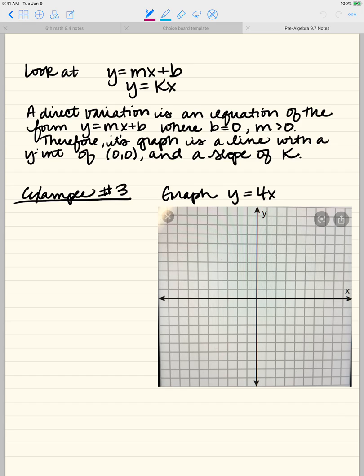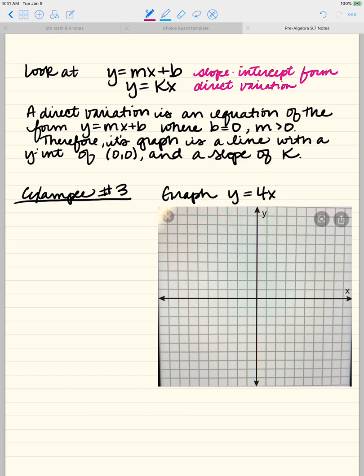Moving right along, take a look at the similarity that we have between y equals mx plus b, which is slope intercept form, which you worked on in 9.6. This is the slope intercept form of a line. And here's our equation for a direct variation.